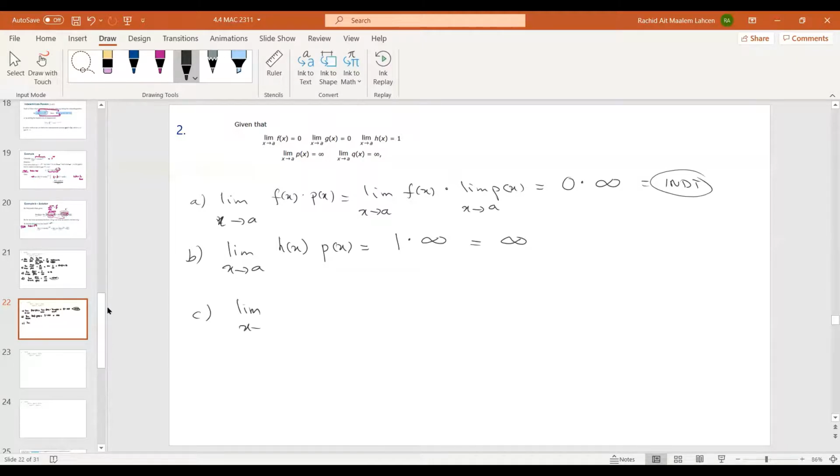And the limit of x approaching a, let's say p times q, now we do the other one. So the limit here is infinity, and q is infinity. Infinity times infinity is something that's increasing and becoming way too large towards infinity.